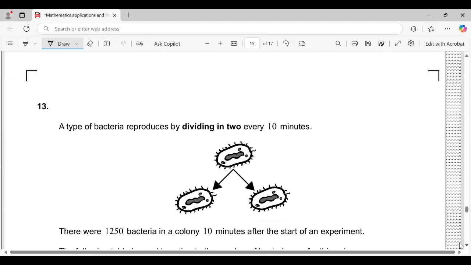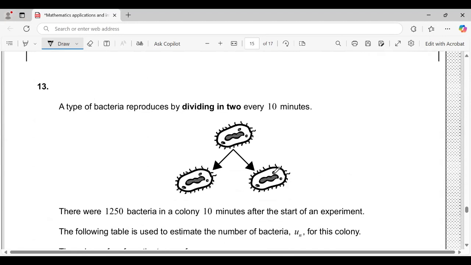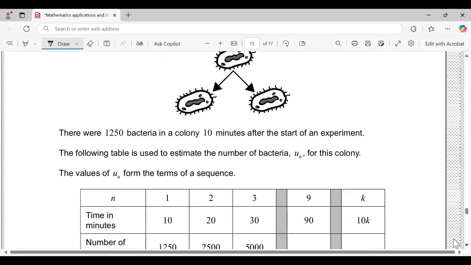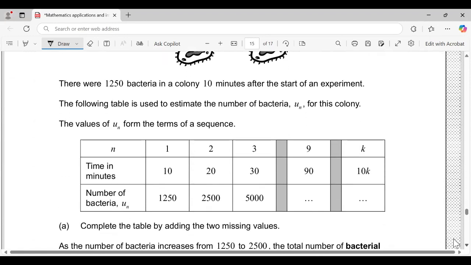Next question, number 13. A type of bacteria reproduces by dividing in two every 10 minutes. There were 1,250 bacteria in a colony 10 minutes after the start of an experiment.